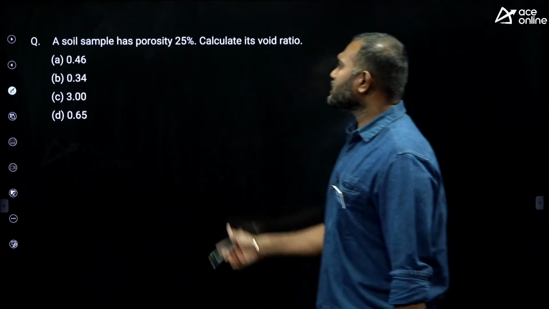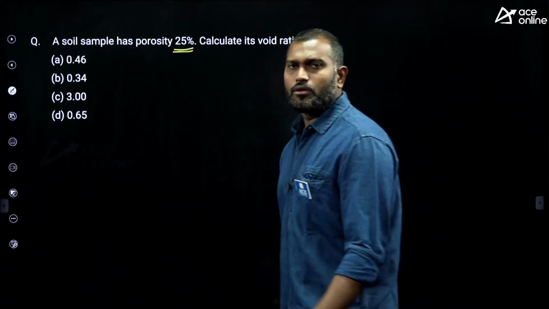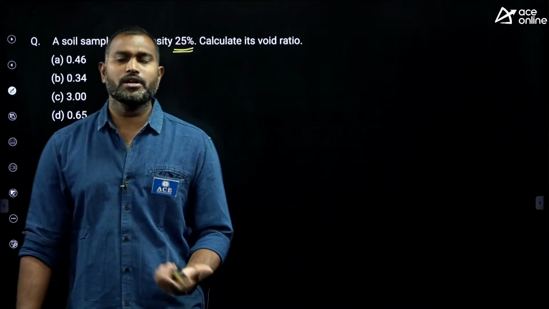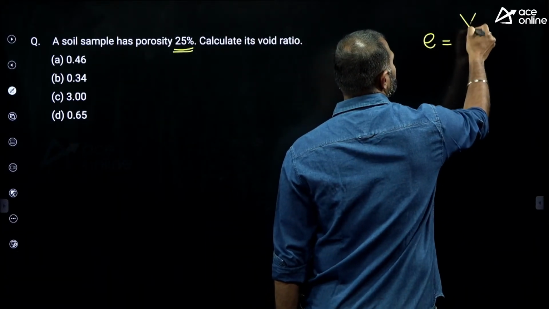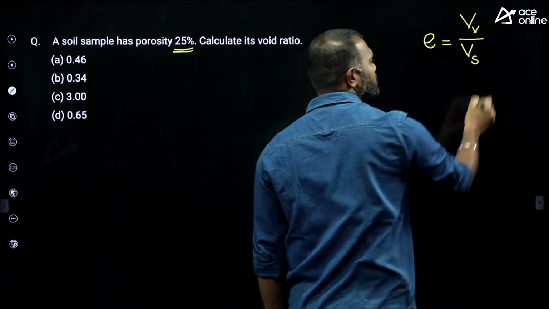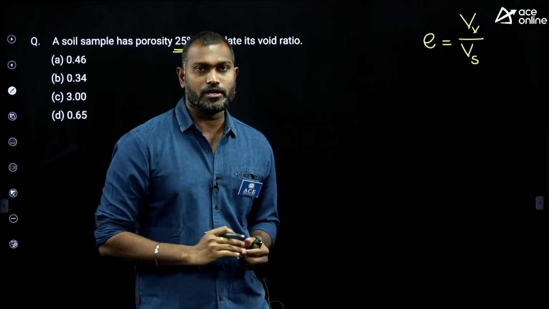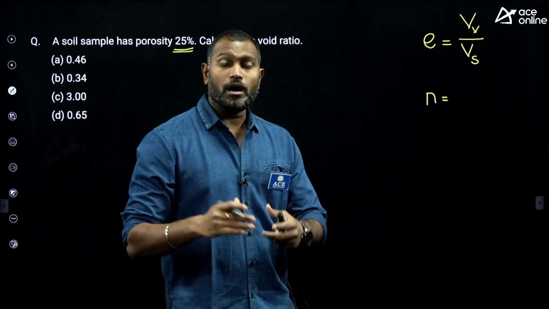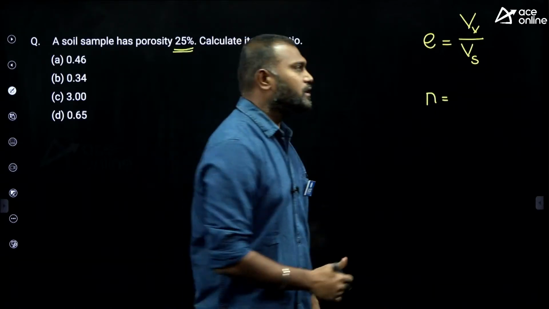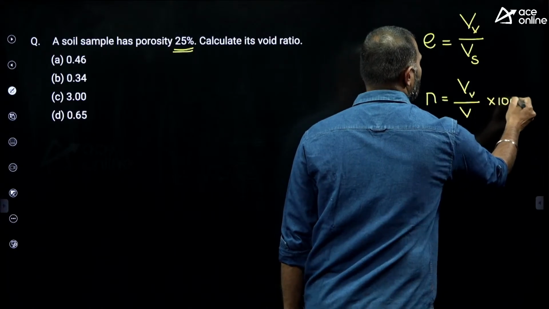Next, a soil sample has a given porosity; calculate its void ratio. You know, there is one simple relation between void ratio and porosity. First of all, what is void ratio? Void ratio represents voids with respect to the solids. In a given soil, how much voids are there with respect to solids is void ratio. And porosity is what percentage of voids are there, the total volume of voids with respect to the total volume.